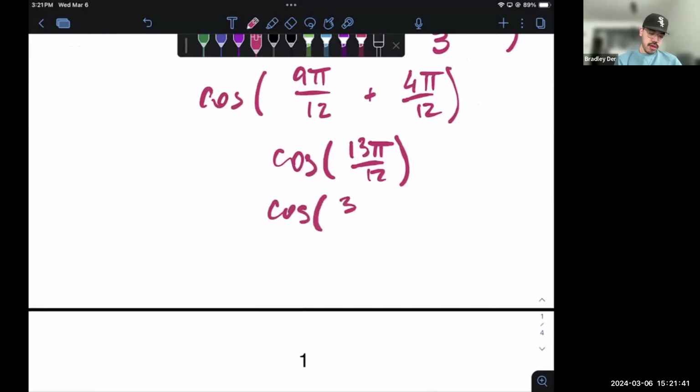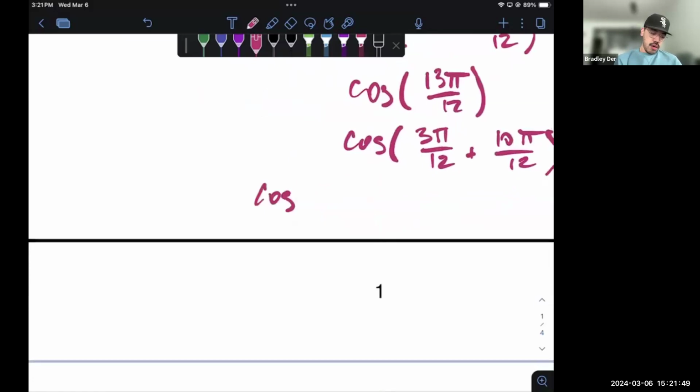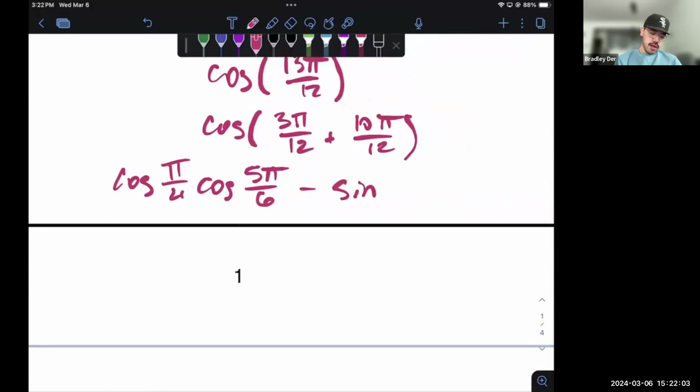Split that into 3 and 10. Cosine of 3 pi over 12 being pi over 4, and 10 pi over 12 being 5 pi over 6. Use subtraction there, so cosine, sine, sine.